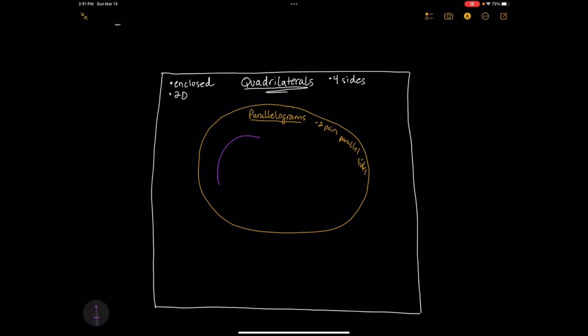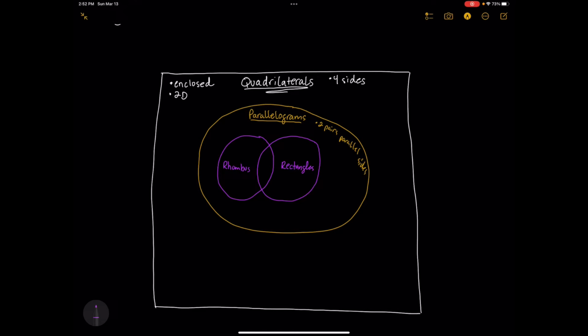Now within the parallelograms, there are a couple groups. Inside the parallelograms, we have rhombus and we have rectangles. Okay, rhombus and rectangles, they're quadrilaterals, right? They're inside here. They are also parallelograms.